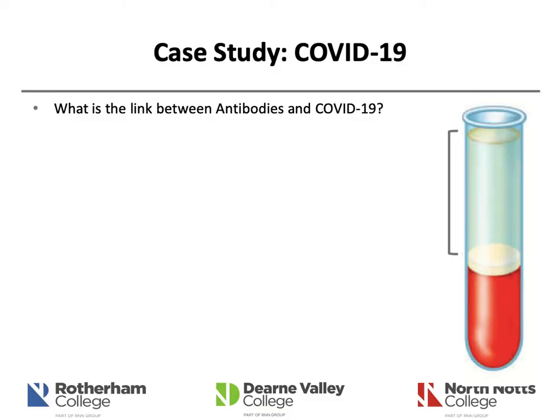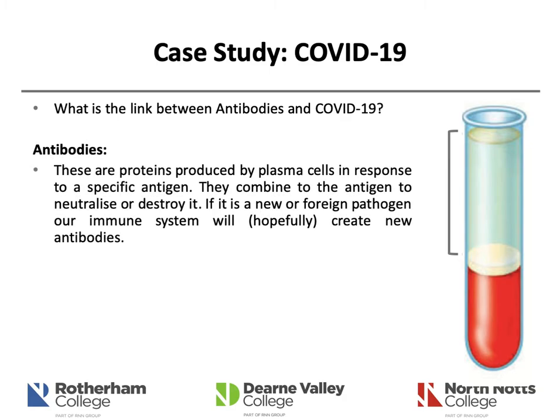So what is the link between antibodies, which are contained within blood plasma, and COVID-19? Well, antibodies are proteins produced by plasma cells in our blood plasma in response to a specific antigen.